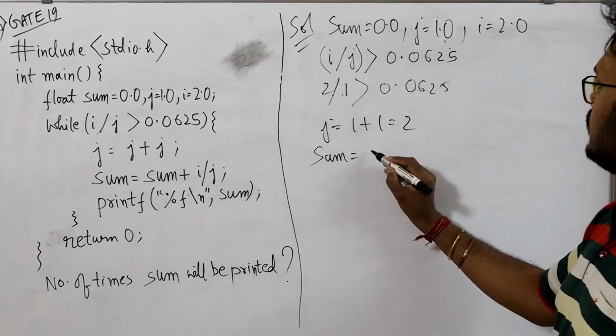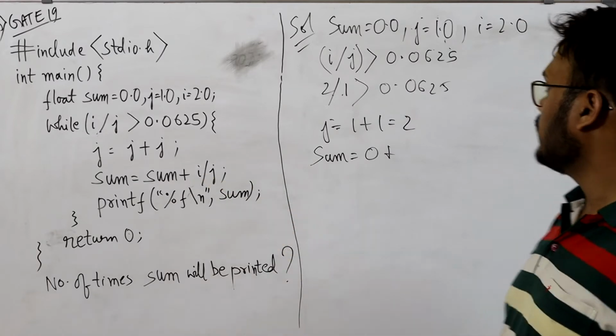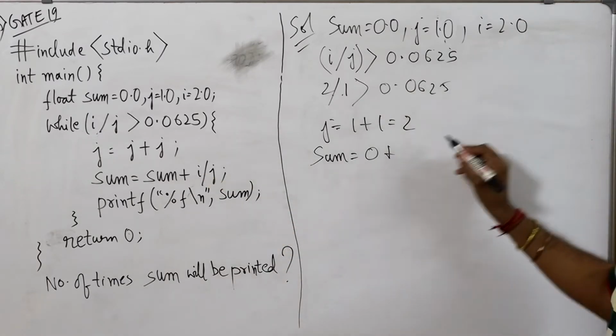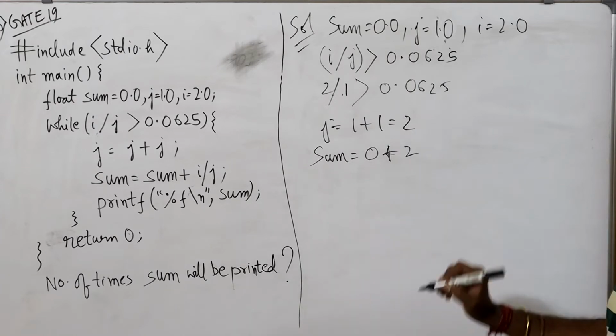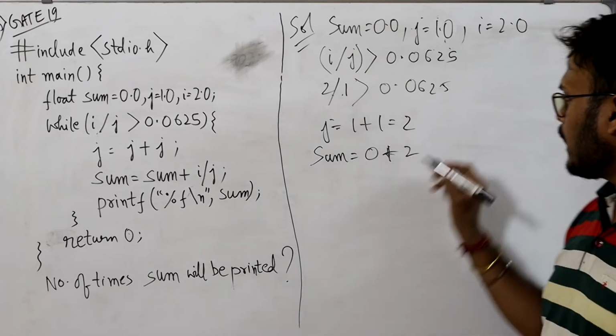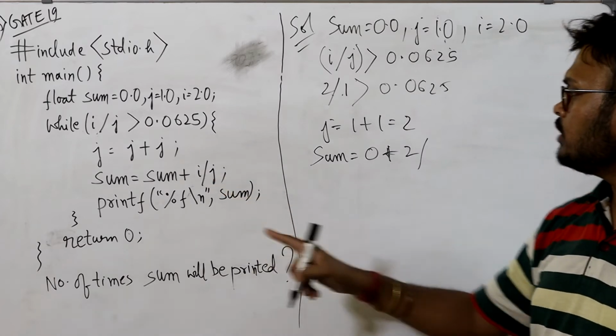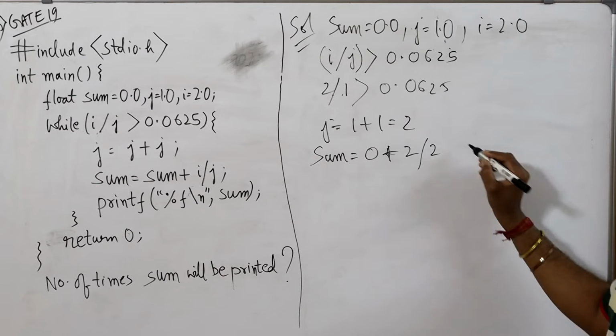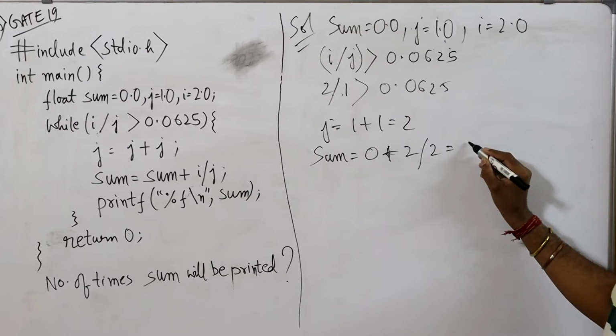So what is the value of sum? 0 plus i by j. The value of i is 2, and the updated value of j is 2. So 2 by 2. It means the value of sum is 0 plus 1, which is 1.